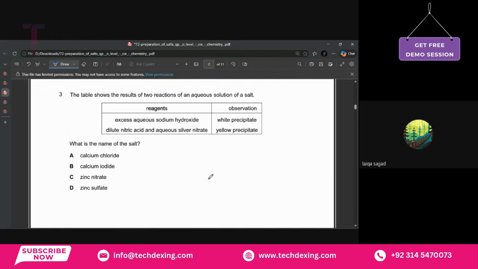Using the first row, where the reagent is excess aqueous sodium hydroxide and the observation is a white precipitate, what can we identify using this information?